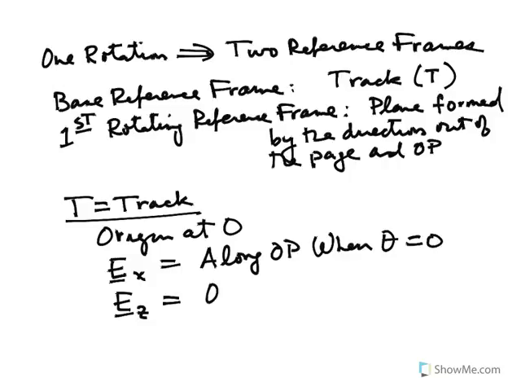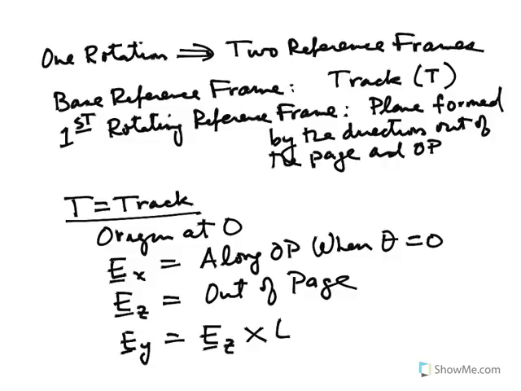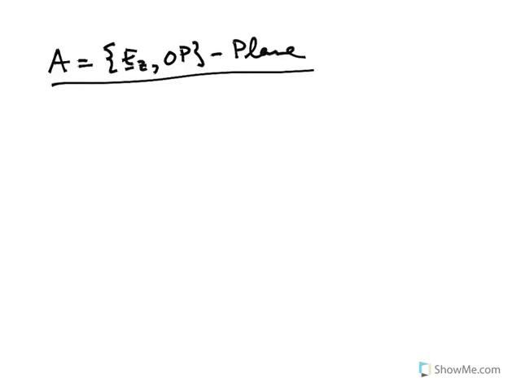EZ is going to be out of the page, and then EY is going to equal EZ crossed with EX. The next frame, which I'm going to call A, is equal to the plane formed by the directions out of the page and the direction OP, and the out of the page direction is EZ, so it becomes the EZ OP plane.